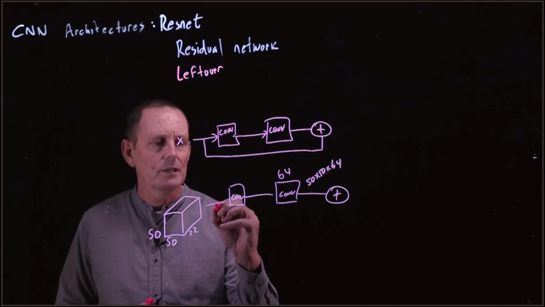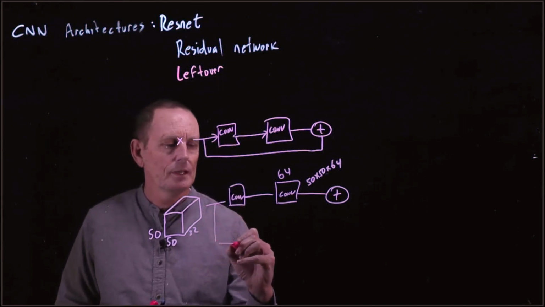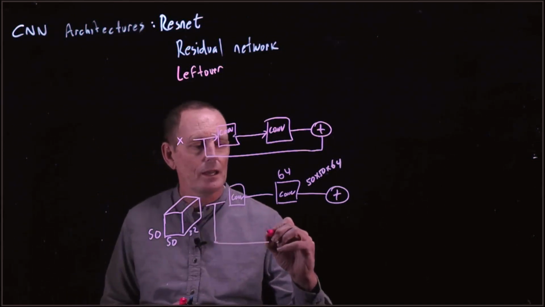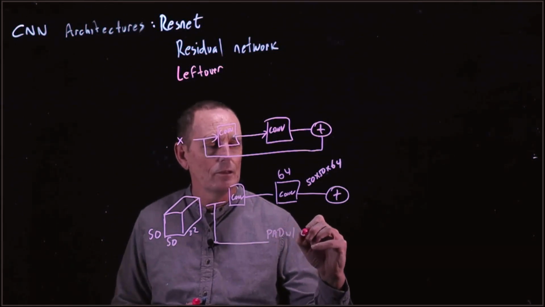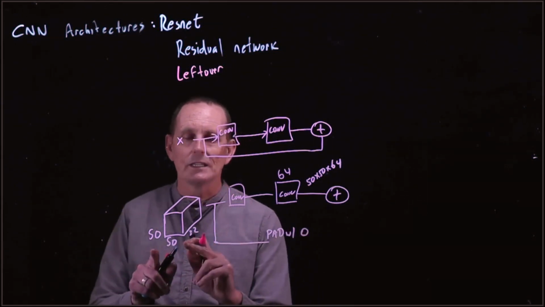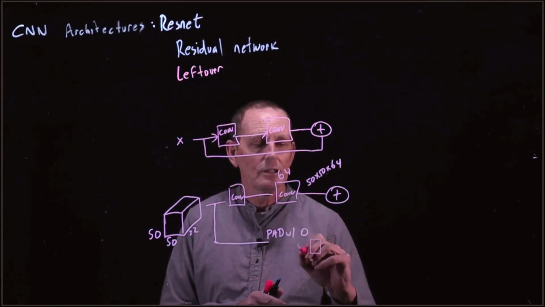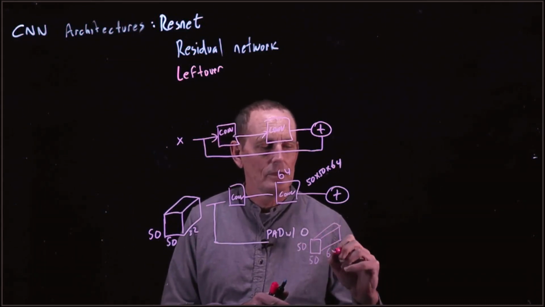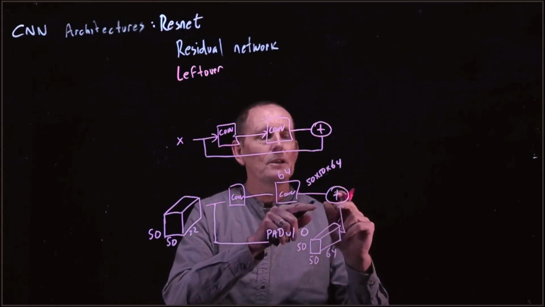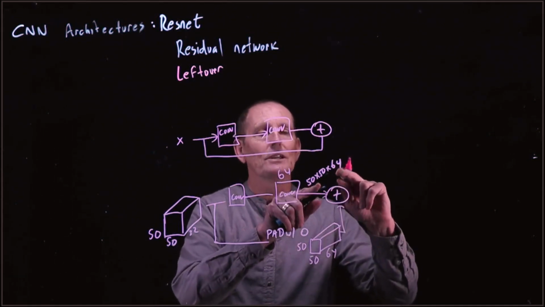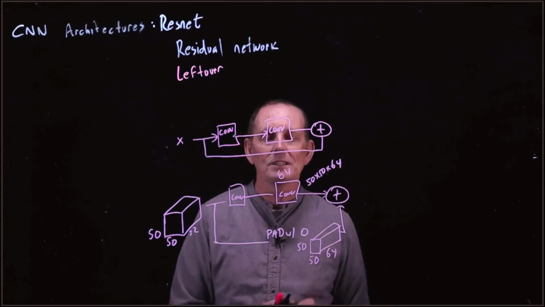One thing that can be done is we can go ahead and pad with 0. So that'll take the 50 by 50 by 32 and just convert that to a 50 by 50 by 64. And that will then be compatible with our addition here. So we can do 50 by 50 by 64 and 50 by 50 by 64.